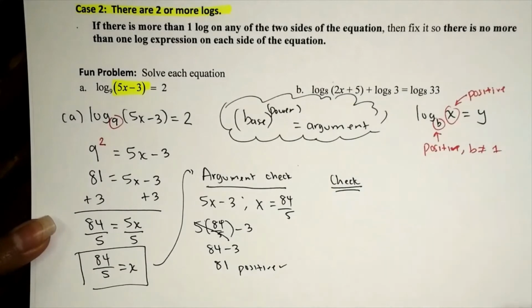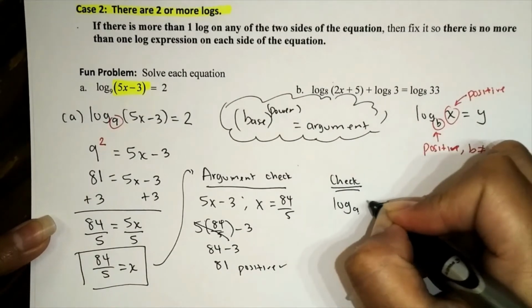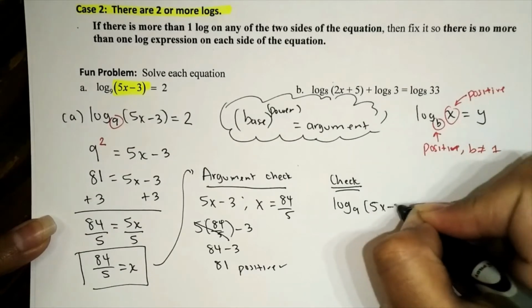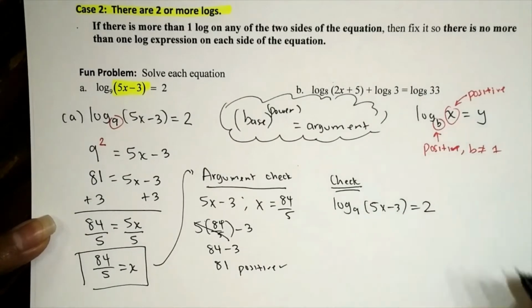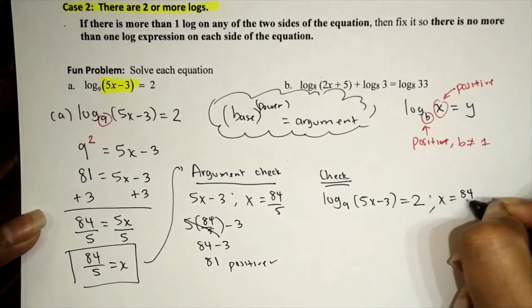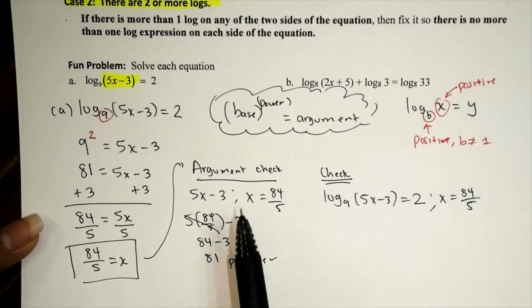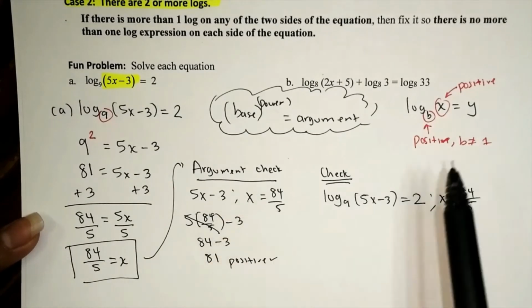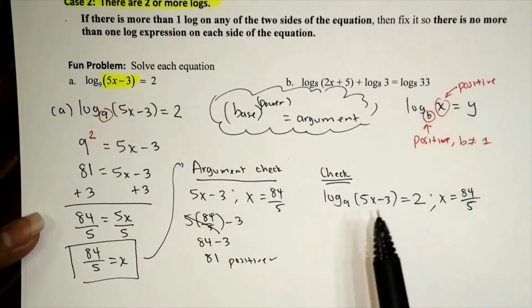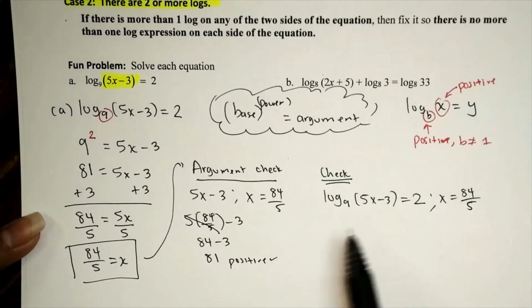So if I was really checking it, we would write the equation: log base 9 of 5x minus 3 equals 2. And then our proposed solution, I'm always going to call it a proposed solution until we check it. Again, for me, I just do the argument check because I want to make sure that my argument is positive. But for those of you that are overachievers, who must have confirmation that our answer is correct, not just acceptable, let's plug it in.